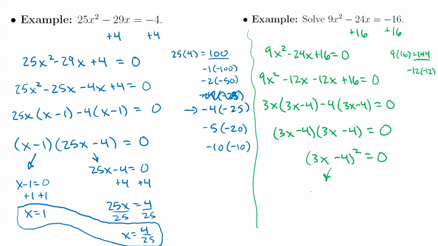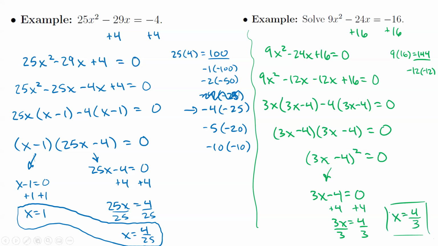And so this time you're only setting just the factor 3x minus 4 equals 0. And that can happen sometimes, right? You just end up with one answer here. So x is equal to 4/3 is the solution to that equation there.